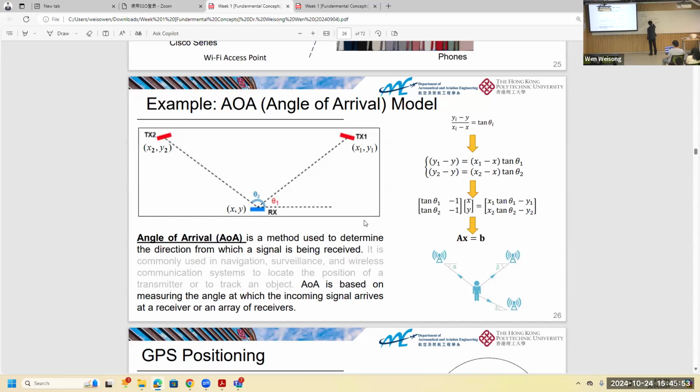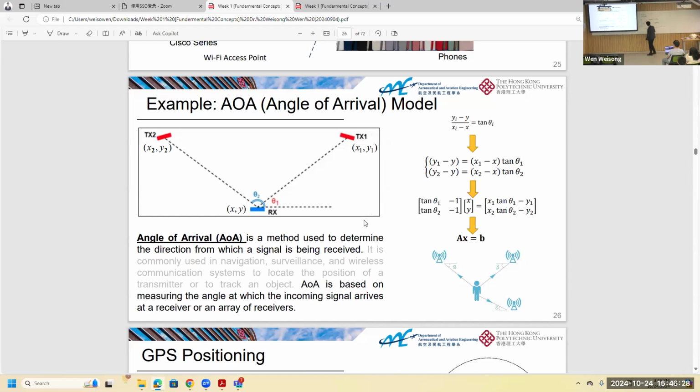You can put this line as y equals a x plus b. So the distance should be y minus a x minus b. This is the so-called vertical distance. This is also called the residual. It's the same physical meaning.